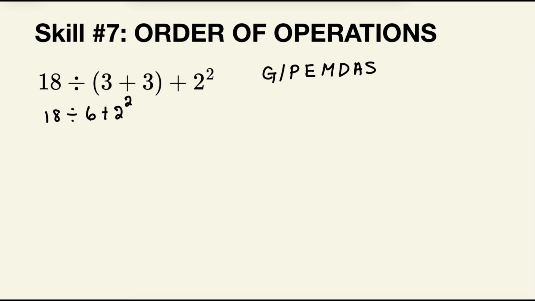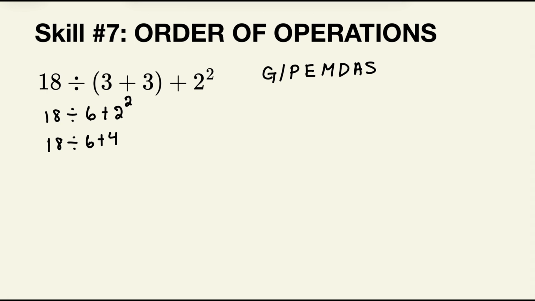Next, we have exponents. So we have 2 squared. So that's what we're going to solve next. So we'll bring everything else down. 18 divided by 6 plus 2 squared is simply 2 times 2, which is 4.